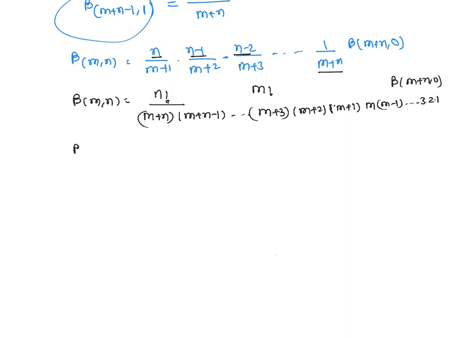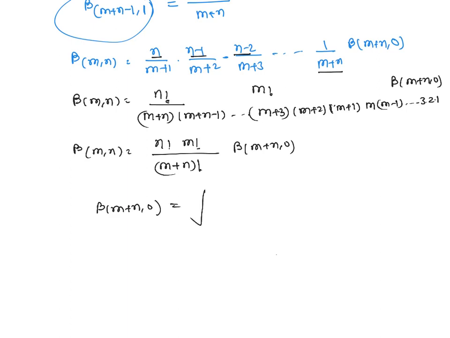So beta of m comma n is nothing but n factorial times m factorial, divided by m plus n factorial, times beta of m plus n comma 0. Now beta of m plus n comma 0 is nothing but the integral from 0 to 1 of x power m plus n, into (1 minus x) power 0, dx.